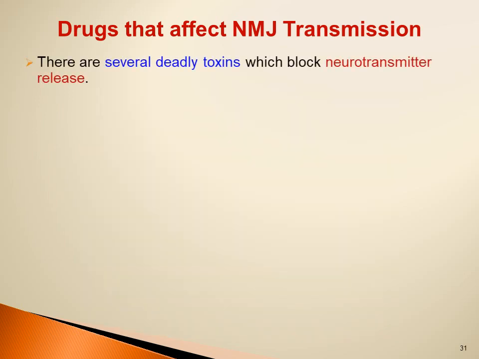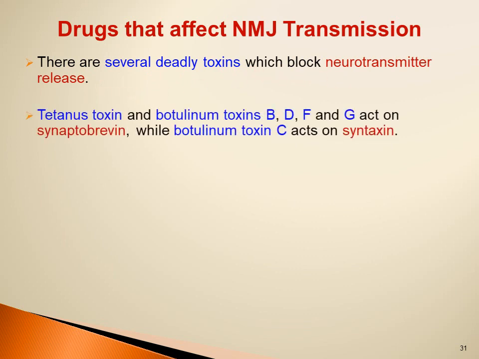So there are several deadly toxins which block neurotransmitter release, and these include tetanus toxin and botulinum toxins B, D, F, and G. They act on synaptobrevin, which is a SNARE protein associated with the synaptic vesicle membrane, while botulinum toxin C acts on syntaxin, which is a SNARE protein associated with the presynaptic membrane.